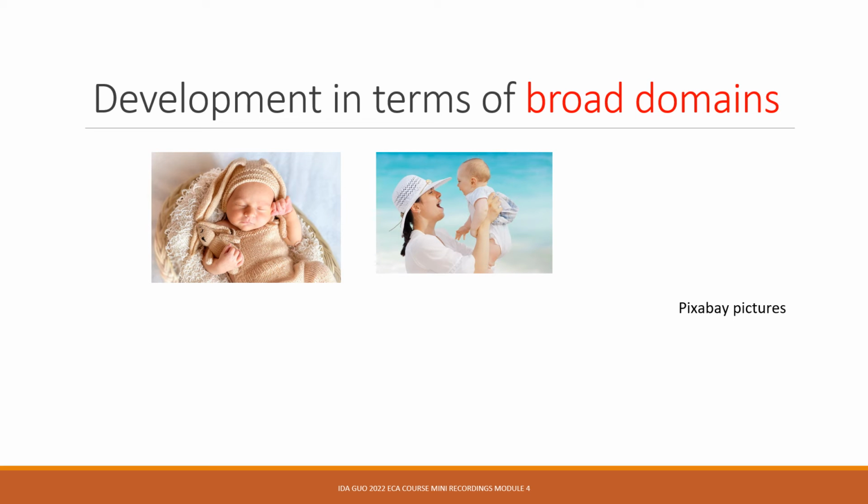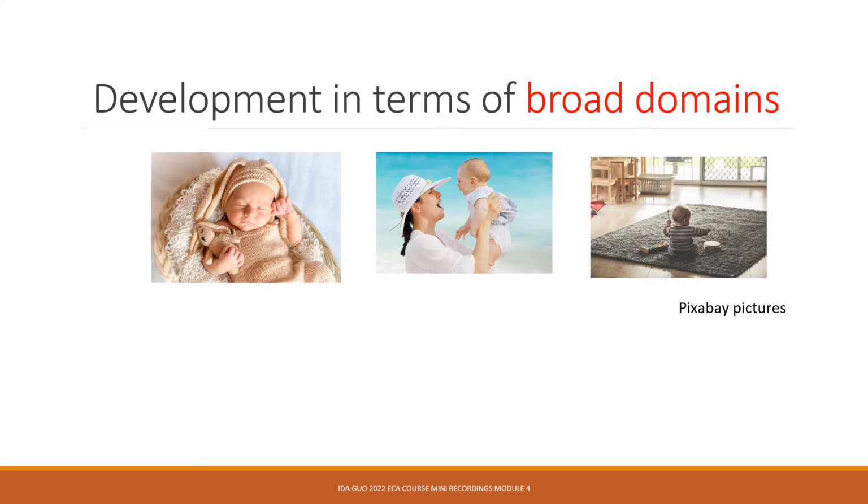Then we also see that the baby will demonstrate emotional abilities and needs, and how they relate to other people, especially their interactions with their main caregivers. That's the social emotional development.